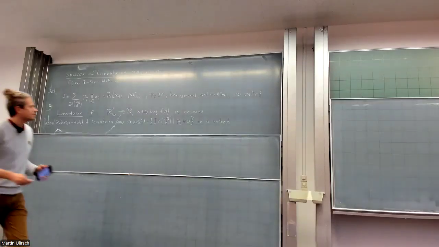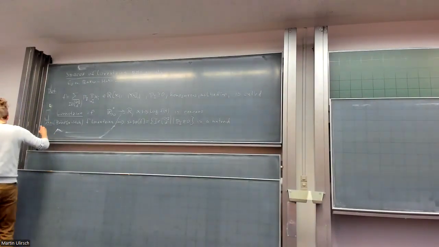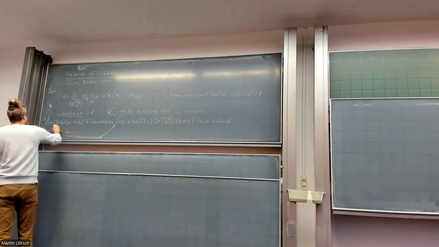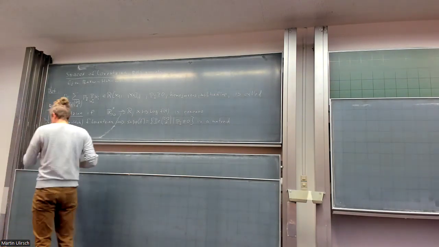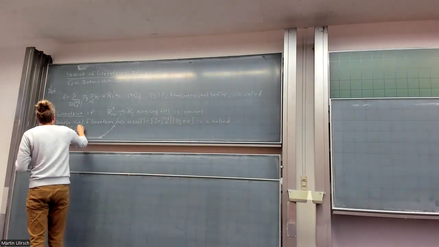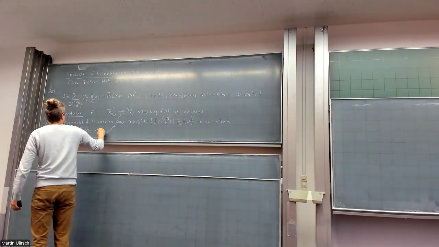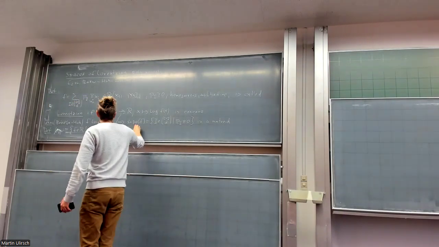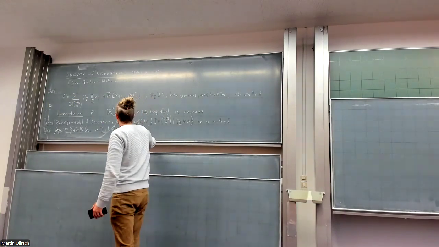Yes, so let's define the spaces that we want to look at. So L_M, M a matroid, should be all polynomials whose support is this given matroid, which are Lorentzian.